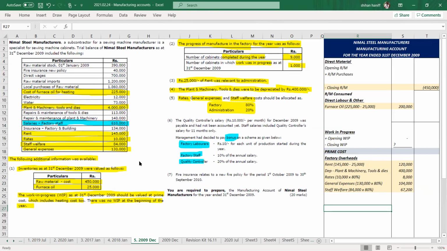So here's the factory labors. Means direct wages. Direct wages are the factory labor.